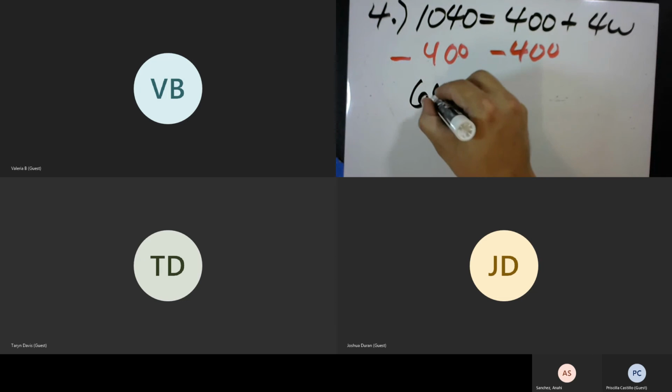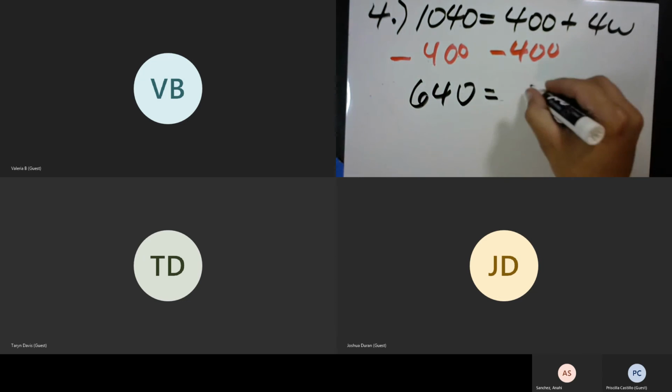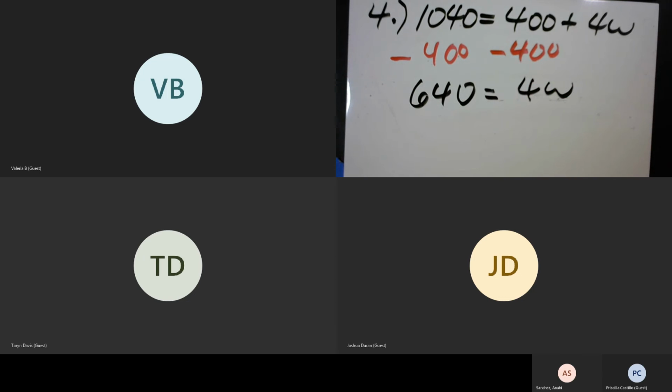We get 640 equals 4W. Divide both sides by 4. We'll get 160 equals W.